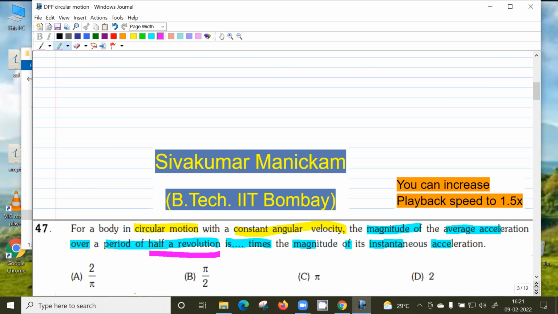See, instantaneous acceleration will be constant, uniform. So any instant you can choose. When you say average, you have to mention two time instants. Instantaneous acceleration, if it is uniform, then you can choose any time instant and find it.